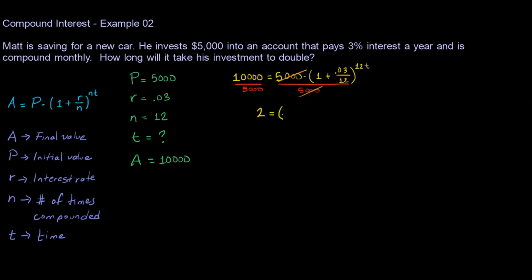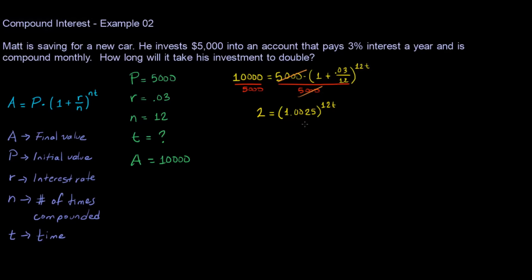So 2 is equal to, now this number that we have in these parentheses, we already solved in the previous example. We know that 1 plus 0.03 over 12 would be equal to 1.0025, raised to the 12 times t. Now, if you don't remember this, you can verify this result in your calculator.